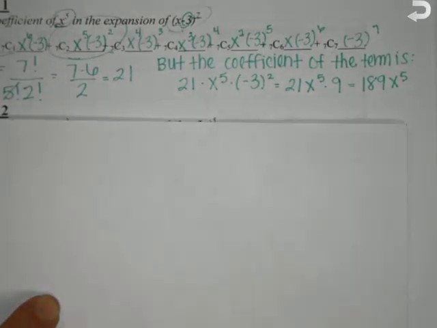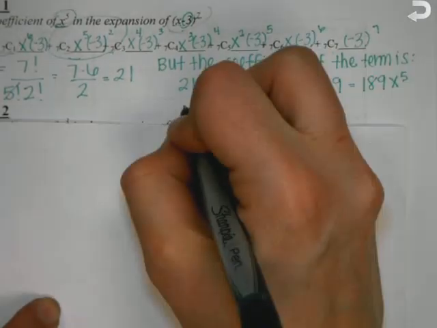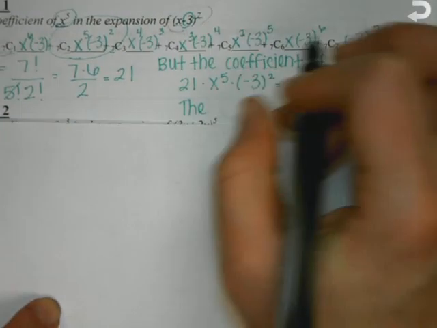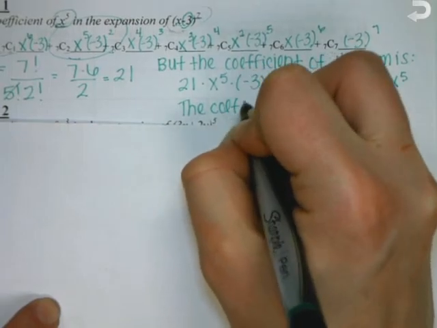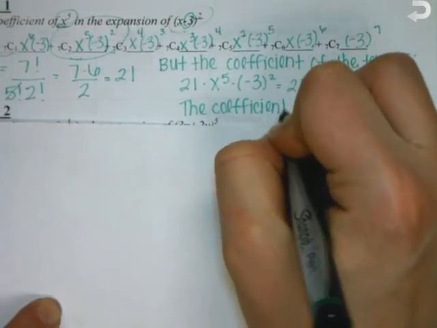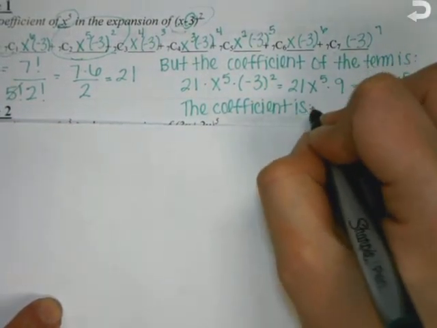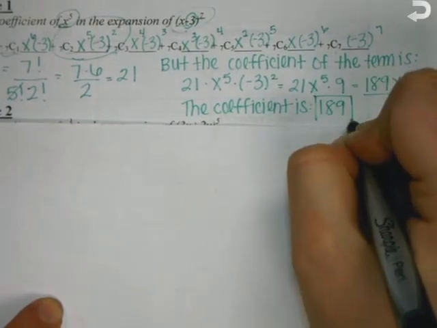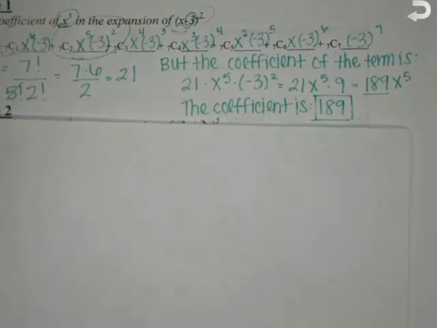Just 189. So the coefficient is 189. But we do have to plug it back in and do the extra work just in case there's more integers to multiply by. So they want the coefficient of the final term.